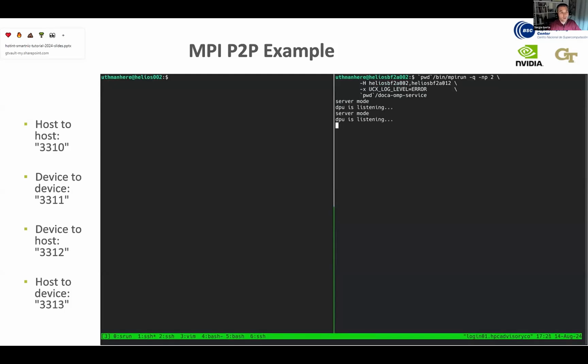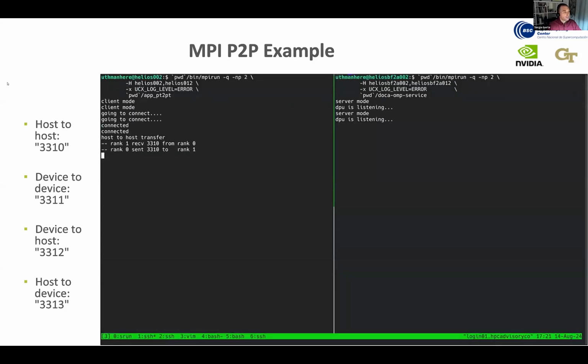We need to launch it with mpirun -np 2 in the DPUs, and then we run the MPI application with mpirun again, but in the host. So the host connects to the devices, and now let's see how it runs.